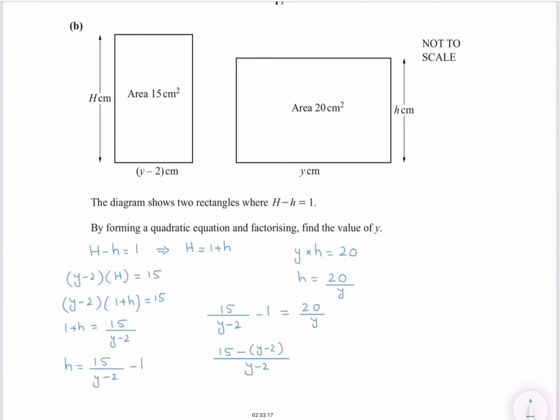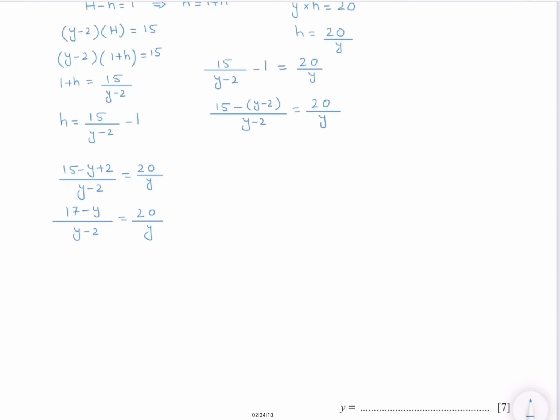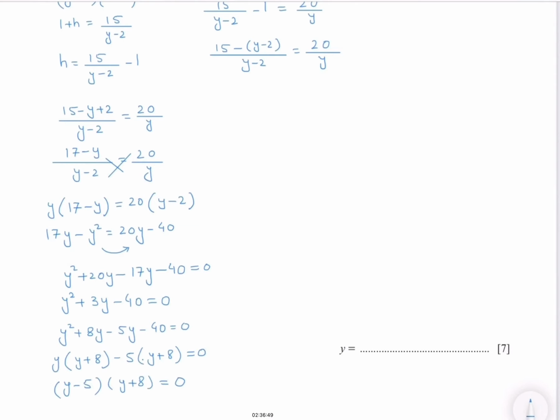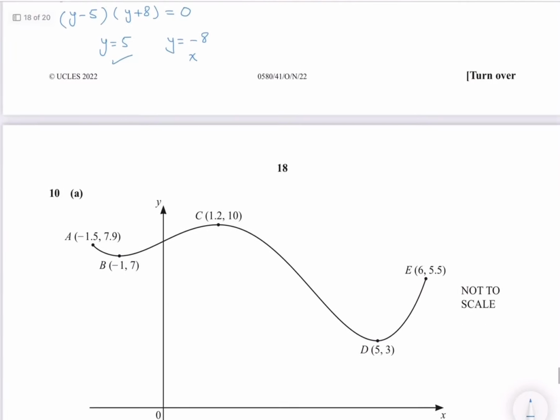Now simplify this. Cross multiply. Factorize it by middle term breaking. So your y is 5, take the positive value.